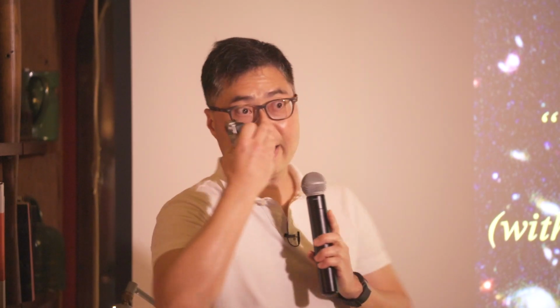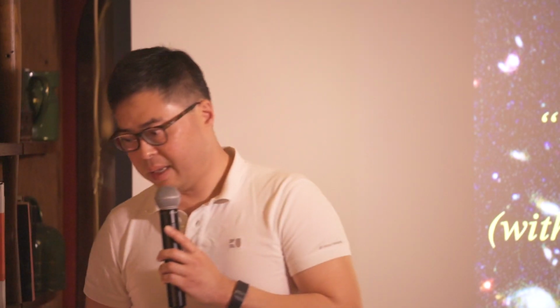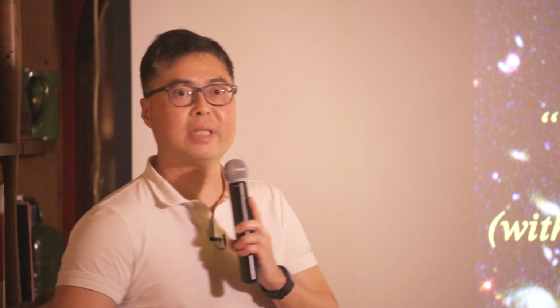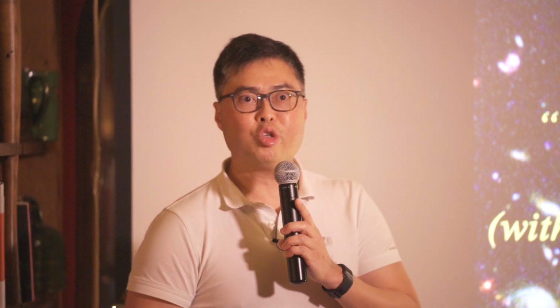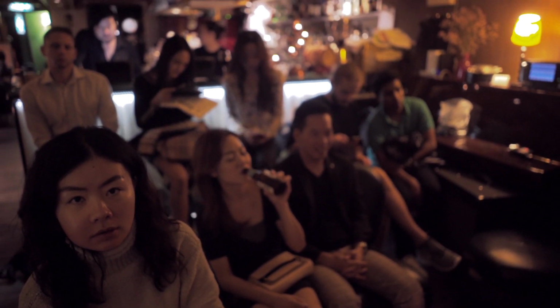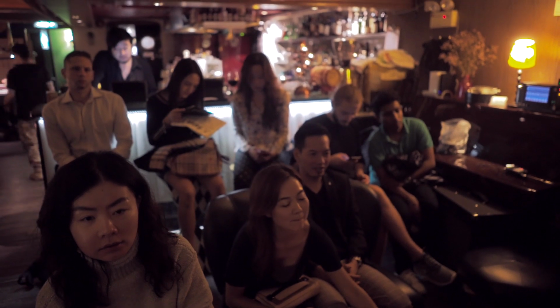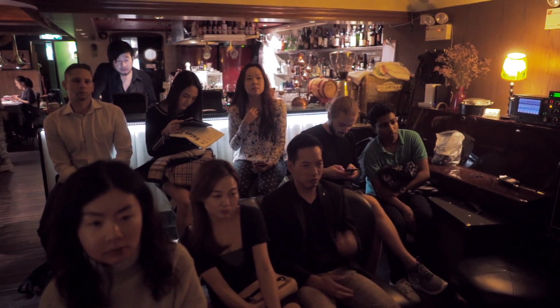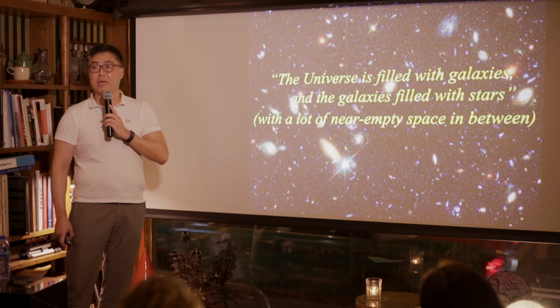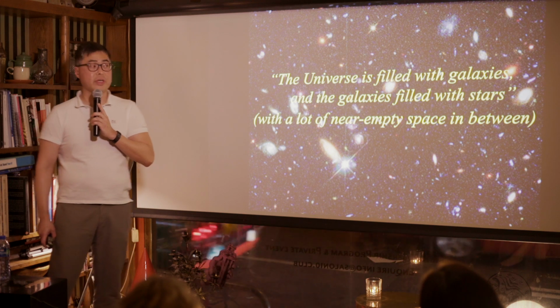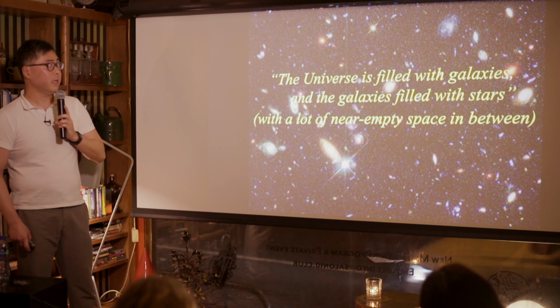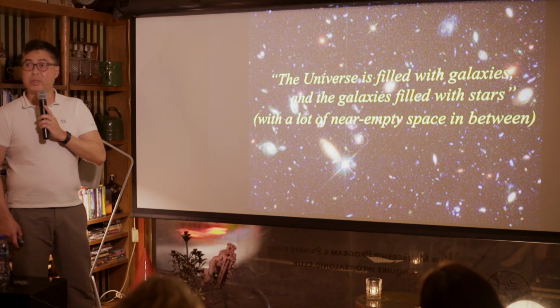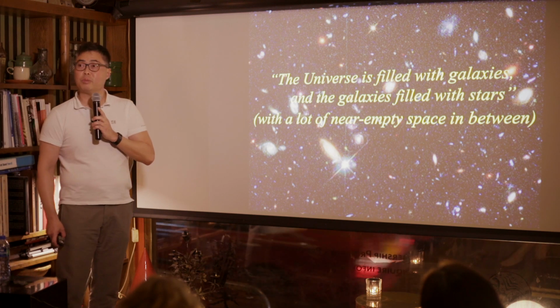I know that the audience here are not necessarily familiar with astronomy, so I'm going to start off with a very brief Astronomy 101 and then move on to more difficult topics. When we look at the skies, what do we see? We see stars in our galaxy, and we see stars in other galaxies. The universe is filled with galaxies, with a lot of empty space between the stars and also a lot of empty space between the galaxies.